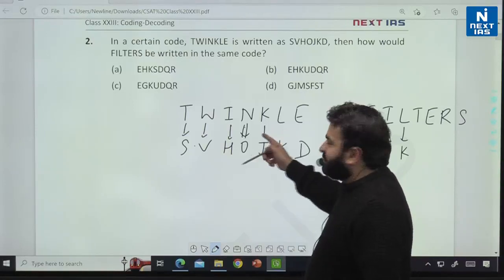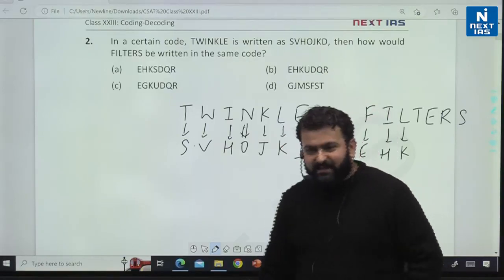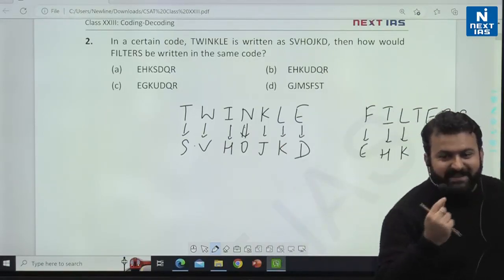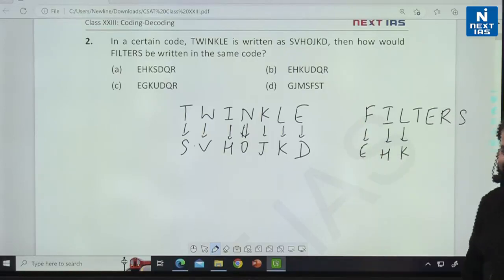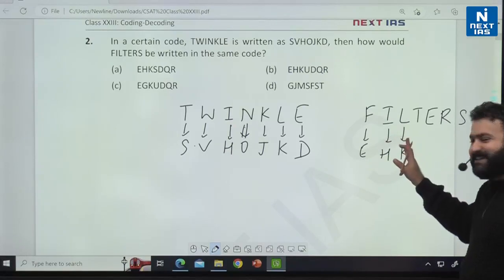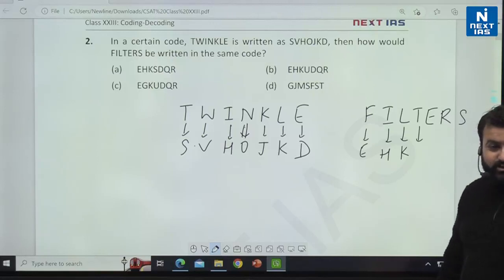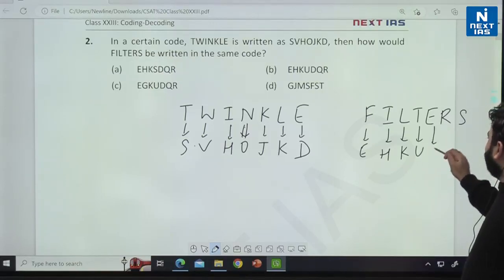Then K is replaced by J, L by K, E by D, a letter before each. So the middle term N is replaced by a letter ahead, and the rest are replaced by the alphabet before. Is it clear or not? So F becomes E, I becomes H, L becomes K. But at the place of T, what will you have? U. And then E, D, Q.